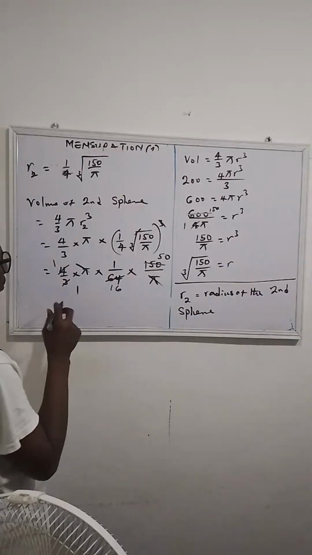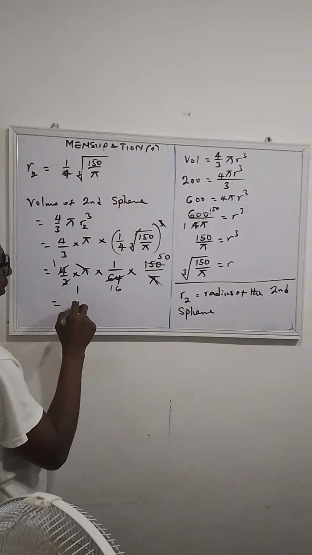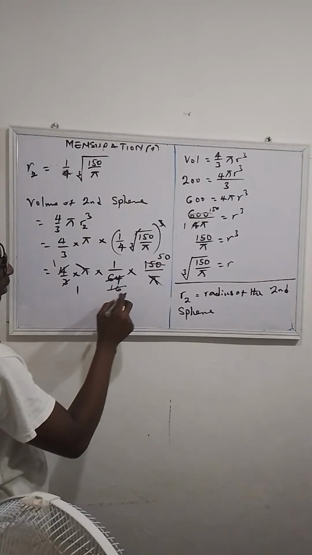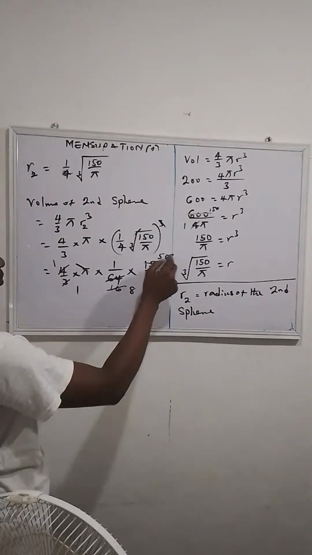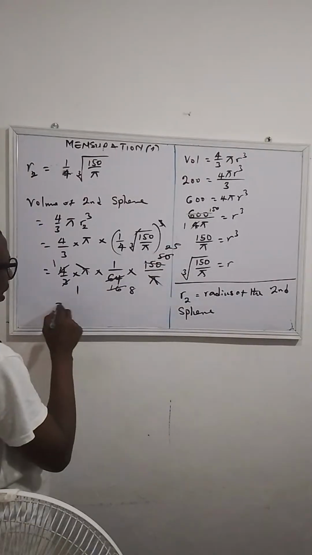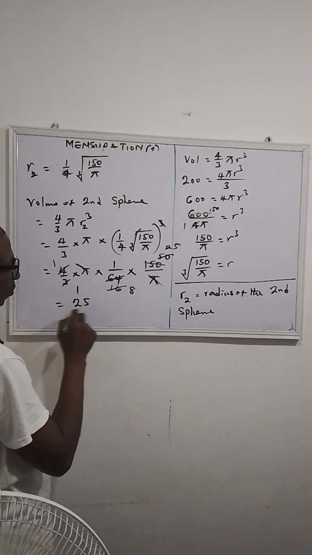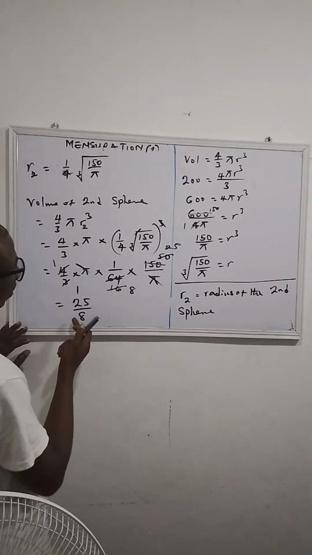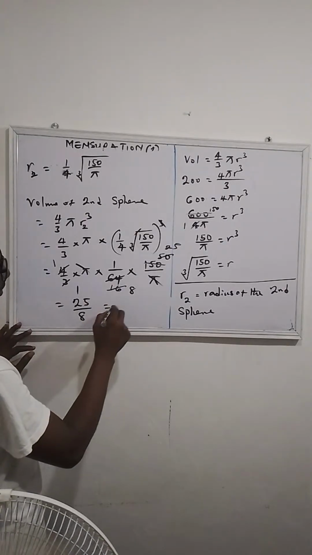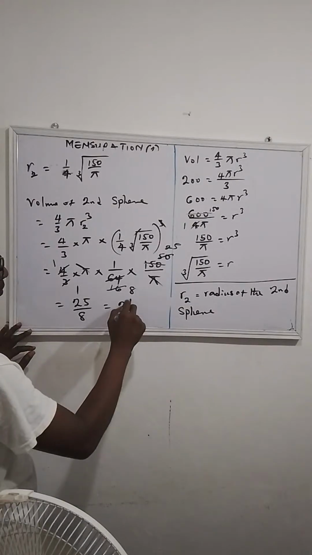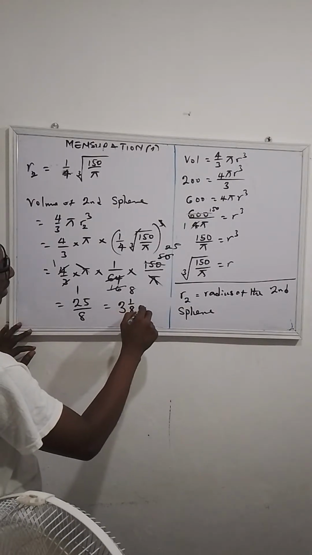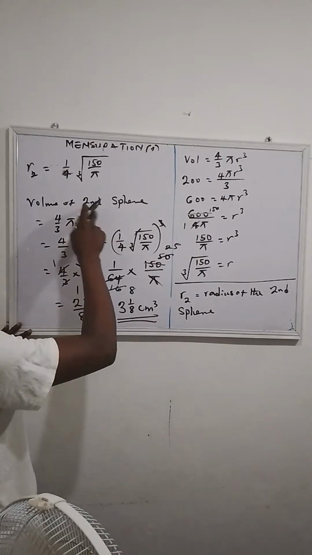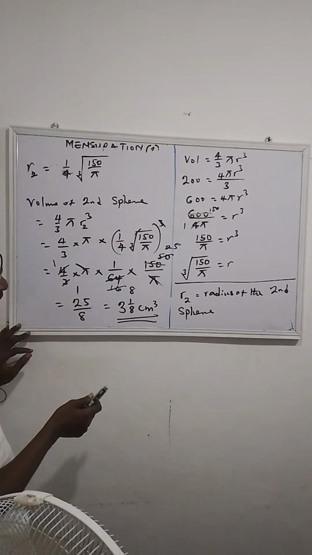Then we can still simplify further. 2 goes here is 8, 2 goes here is 25. So you have 25/8. That's going to be the volume. You can simplify further. So that is 3 1/8 centimeter cube. So this is going to be the volume of the second sphere.